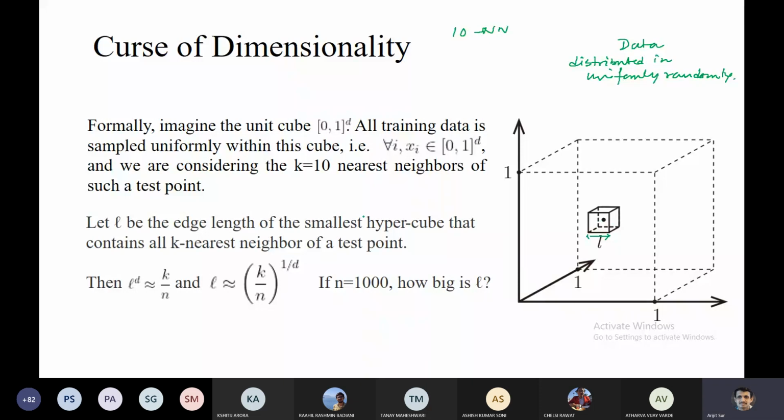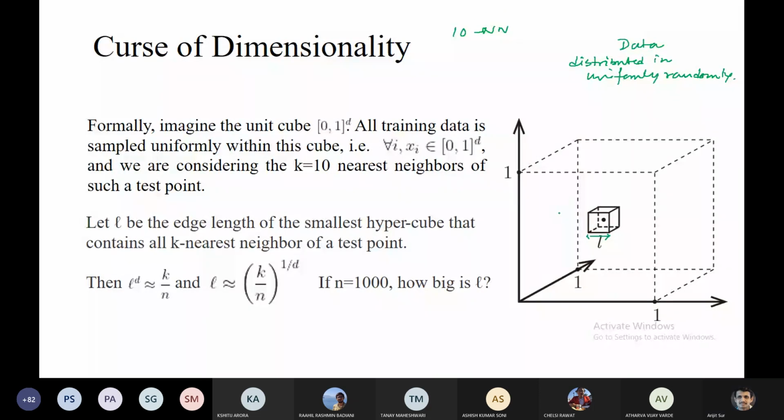So L is the edge length of the smallest hypercube that contains all k nearest neighbors of a test point.